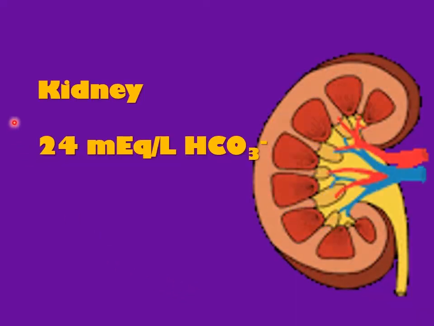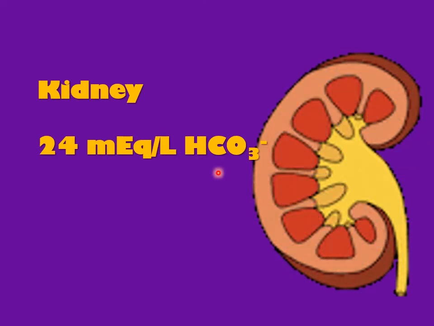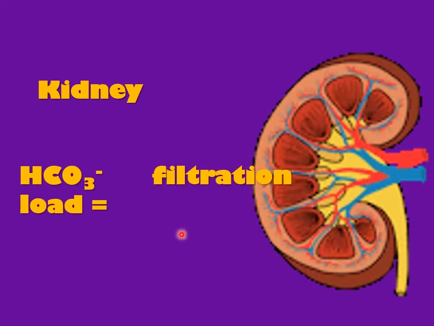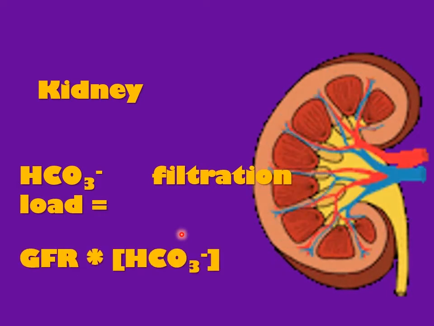When plasma reaches the kidneys, with its 24 milliequivalents per liter, it is faced by a glomerular filtration rate of 190 liters per day. So the bicarbonate load would be the GFR times the concentration of bicarbonate.